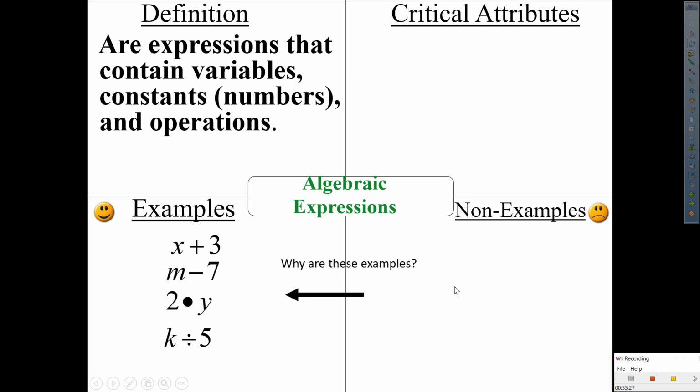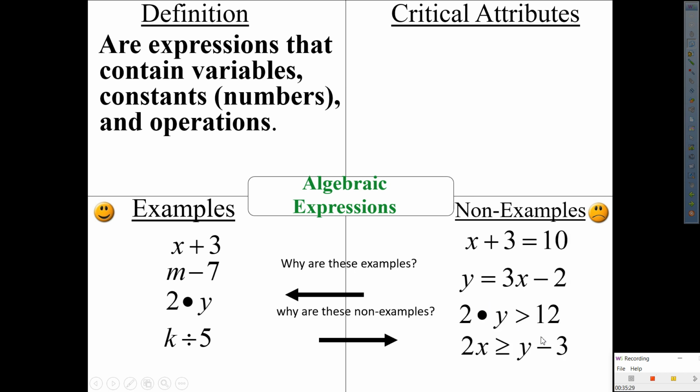Non-examples. Look at those. Look up really quick. Tell your neighbor why these are not algebraic expressions. Look at these and look at these. Why are those not algebraic expressions?